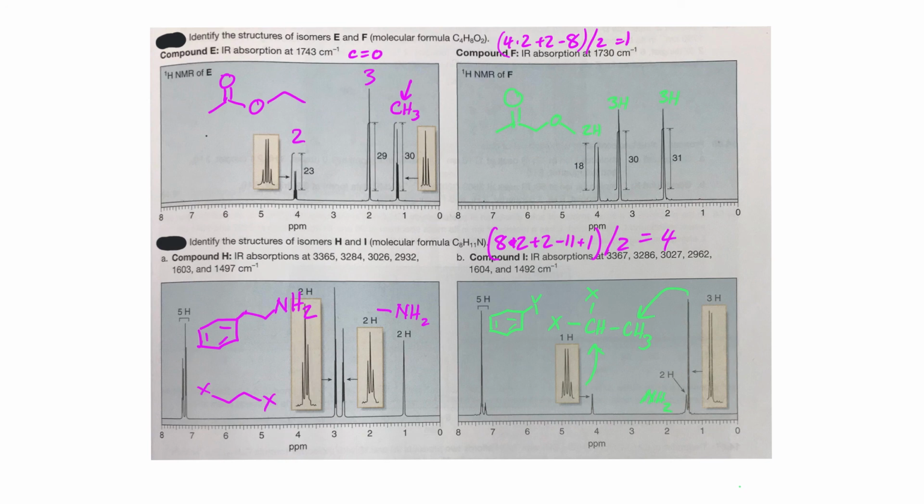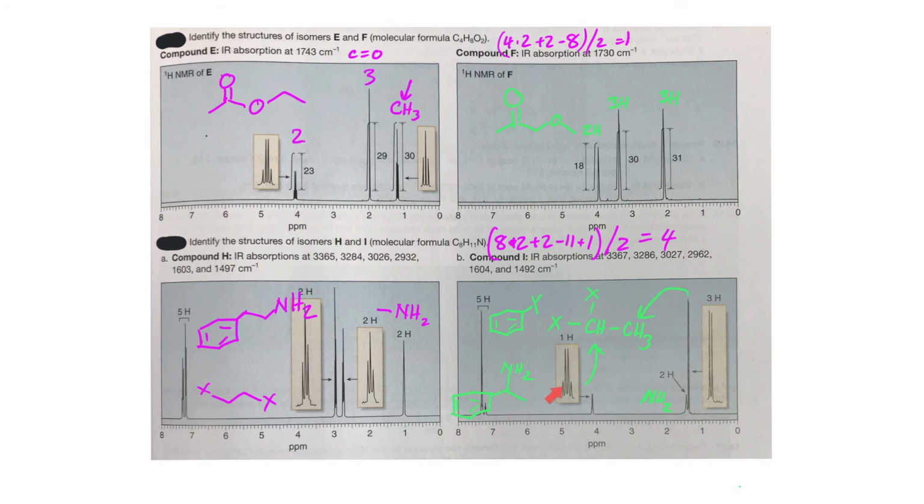So now I have all my pieces laid out. I have one way to attach an NH2, I have one attachment point on my benzene ring, and I have 2 attachment points on this group here. I don't know what to call it, but I think I can draw my structure now. So here you see I have my CH that's adjacent to 3 hydrogens. It's split into a quartet.